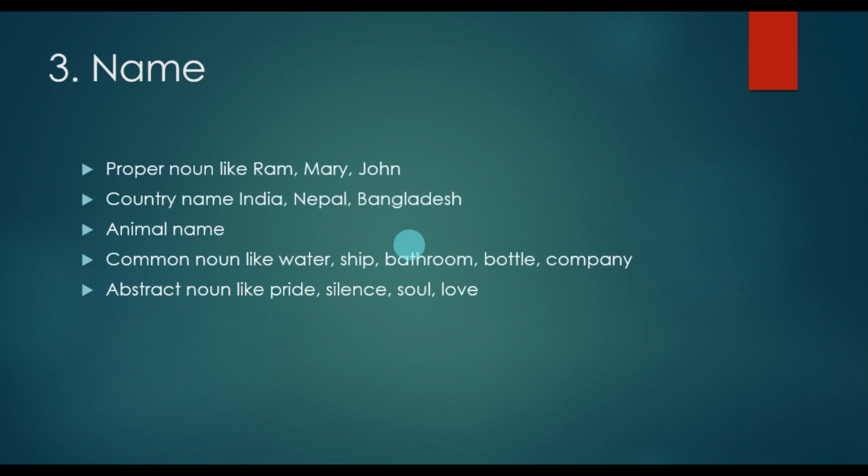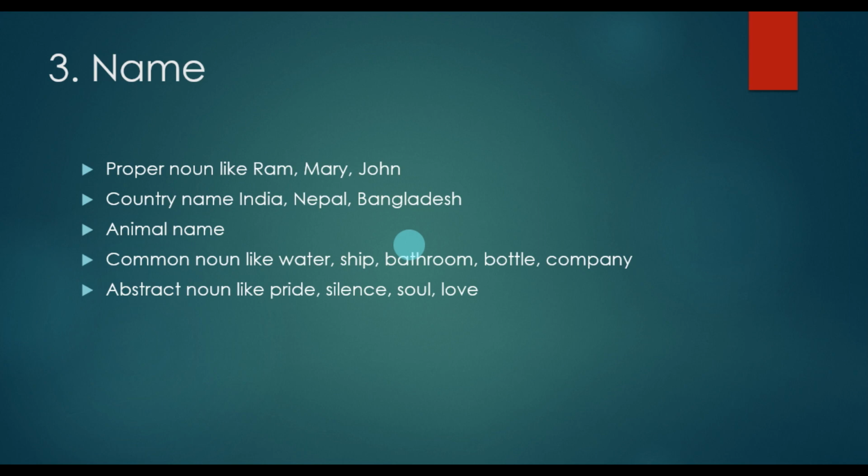Another is name. There are different types of name, like proper noun, common noun, or abstract noun. Proper nouns are the name of anything, like the name of an animal, flower, nation, or person.